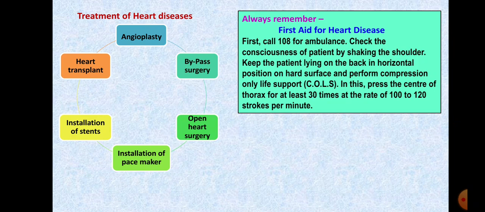Now angioplasty, students, is a procedure which is used to open up the blocked coronary arteries which are caused by the coronary artery disease. The coronary arteries are blocked and do not allow the blood flow, and thus angioplasty is a procedure where these coronary arteries are opened and they again restore the blood flow to the heart.